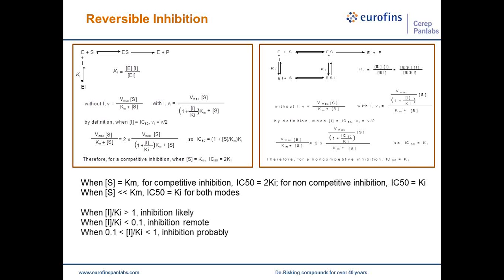It can be used to estimate whether inhibition could happen in vivo. Basically, it is based on the ratio of in vivo concentration to Ki. If it is greater than 1, inhibition will likely happen in vivo. If the ratio is less than 0.1, usually the inhibition will not likely happen. And between 0.1 and 1 is possible.